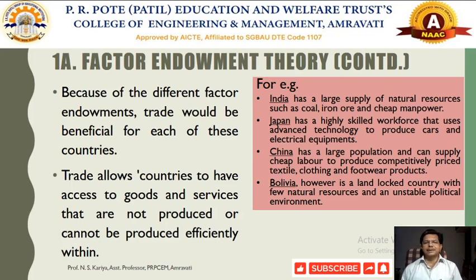Say, for example, India is the largest trading partner of many countries, and we are mainly supplying some particular resources, for example coal, iron ore, even manpower, lignite, textile, software. So it is advantageous to the nation, depending on factor endowment.